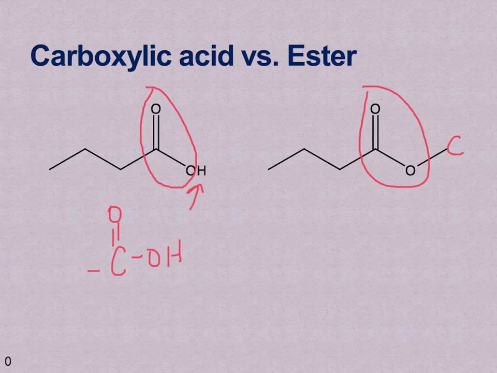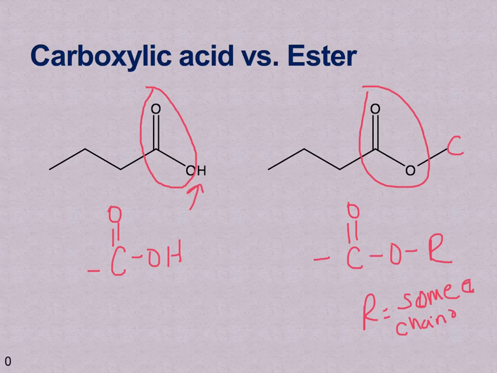And then we have our ester group, which is a C double bond O, and we represent that with an R, and that just represents some chain of carbon atoms. Okay, and it doesn't really matter the size. So just like we saw with the other 2 pairs, the difference lies in the hydrogen attached to this oxygen or having a carbon attached to this oxygen.